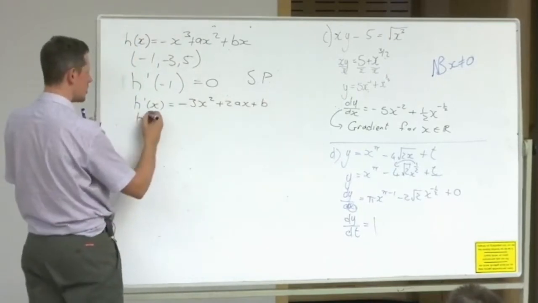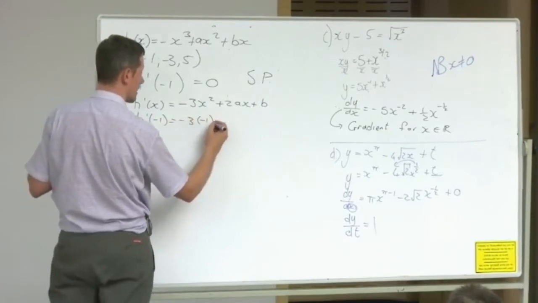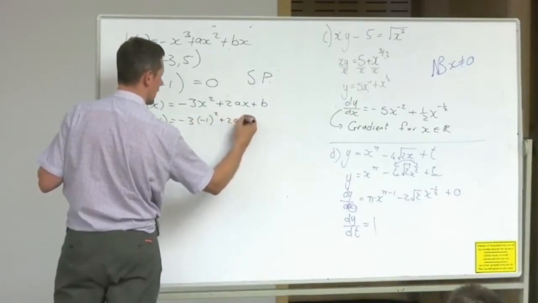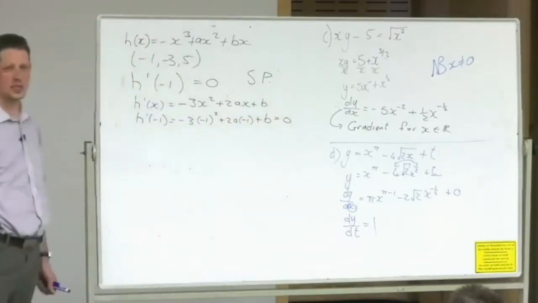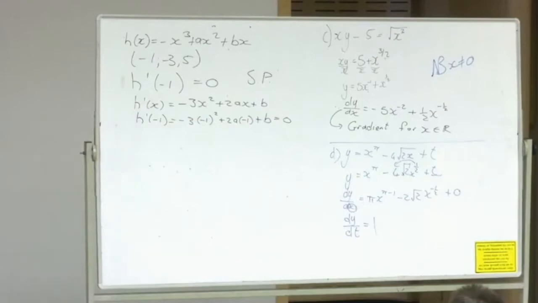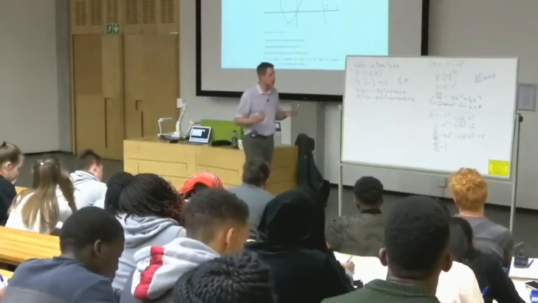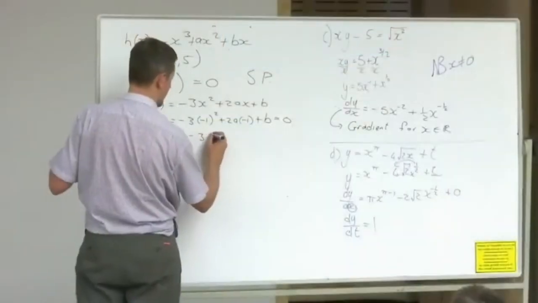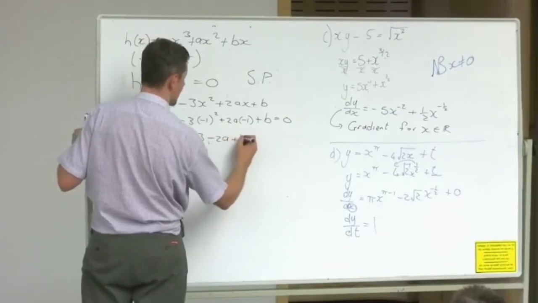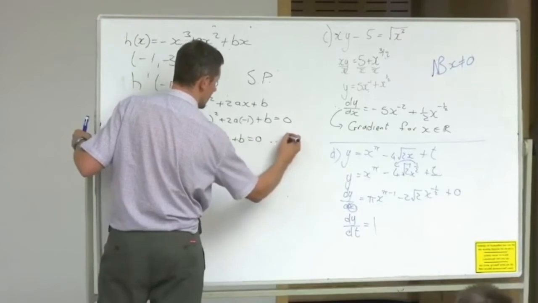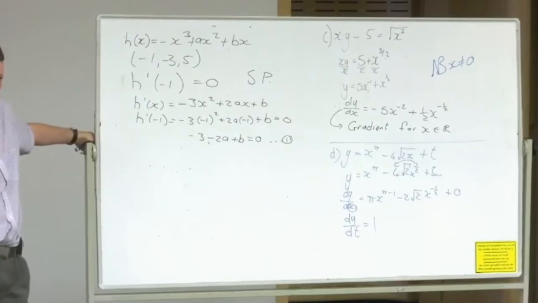If I substitute negative 1 in there, it's negative 3 times negative 1 squared, 2a times negative 1, plus b, and that must be 0. So here I have one equation: negative 3 minus 2a plus b equals 0 is going to be my first equation. Everyone's all right with me?